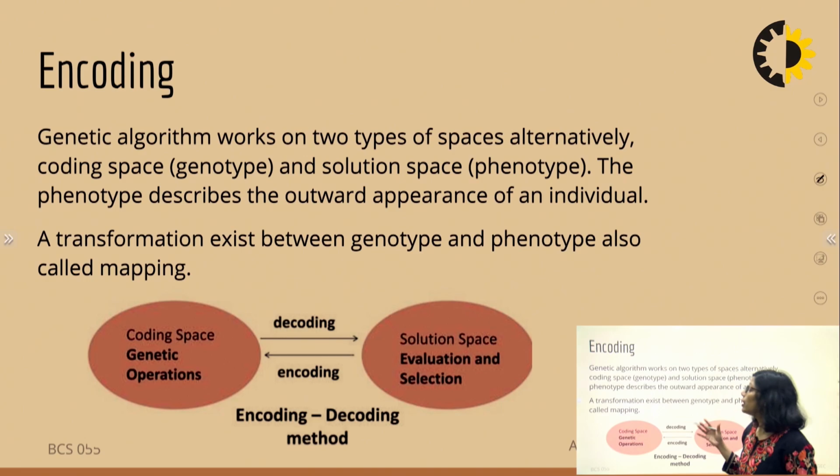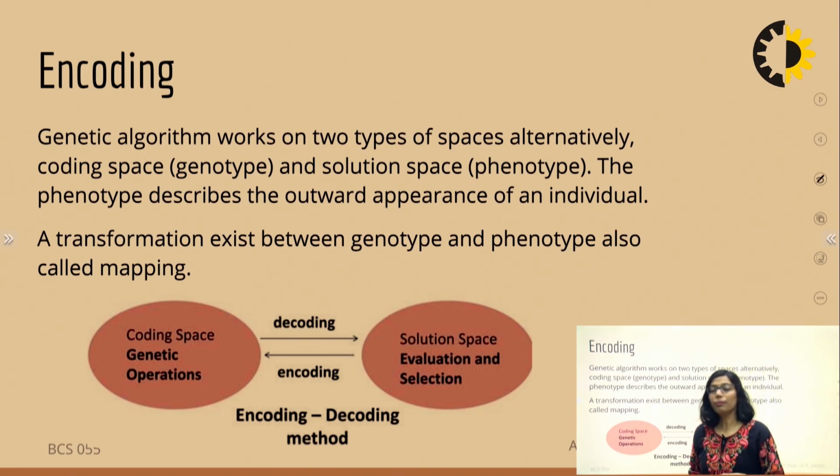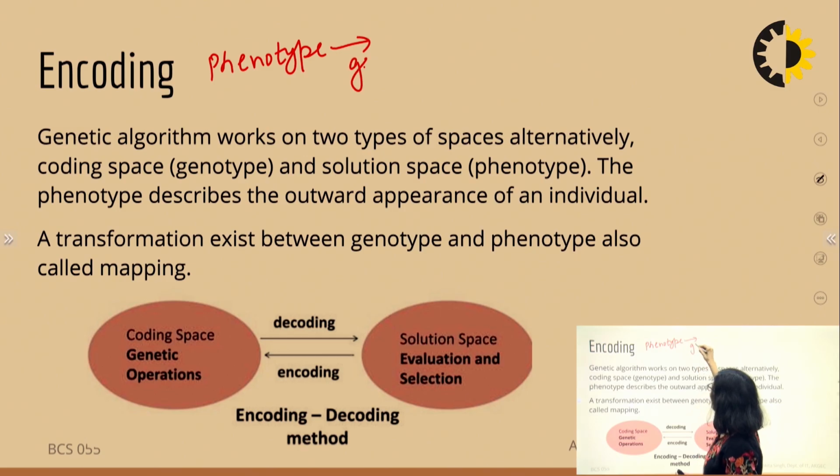Now I will be discussing in detail. First is encoding. As I have told you, I have my set of solutions that is represented as phenotype. Now, I have to convert my phenotype into a form so that it can be fed to the algorithm. That is known as genotype. So, encoding is the process of converting phenotype into your genotype.